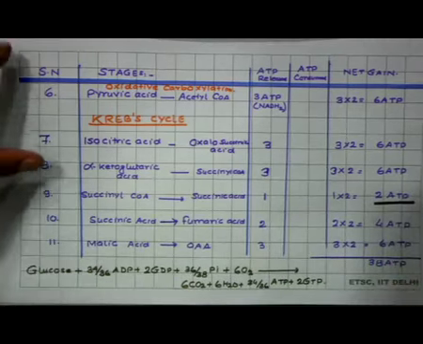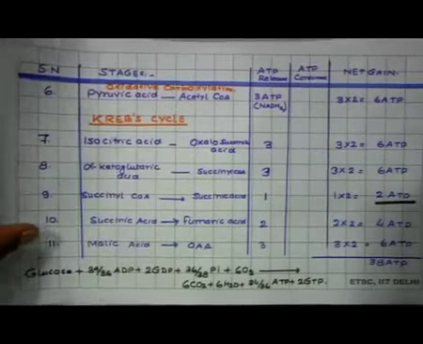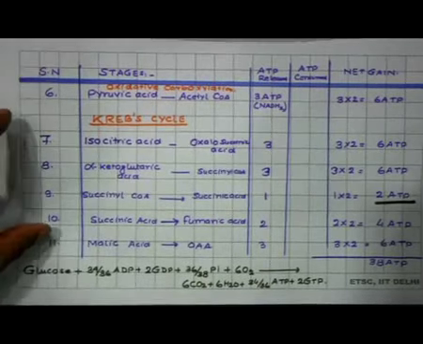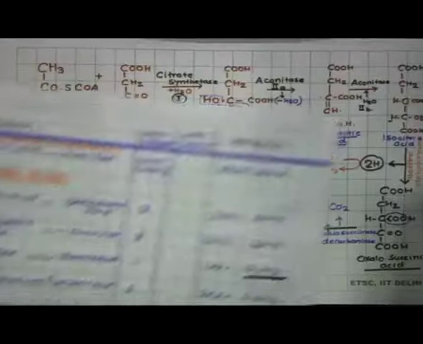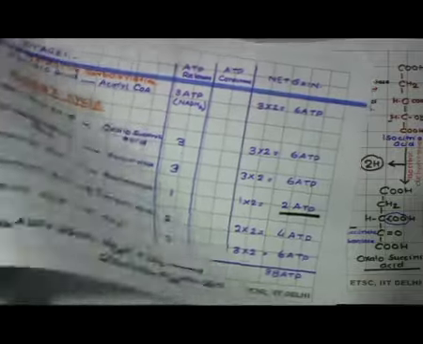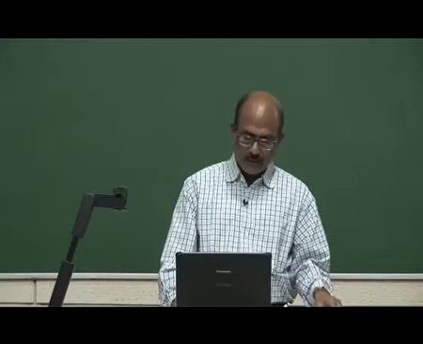So, this is where NAD plus is converted into NADH2 and FAD is converted into FADH2, which are going to be used in the further reactions of the electron transport chain and so on.